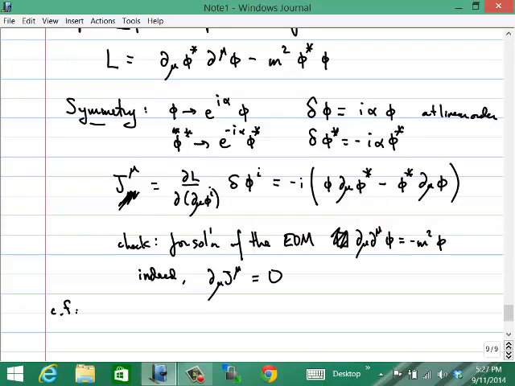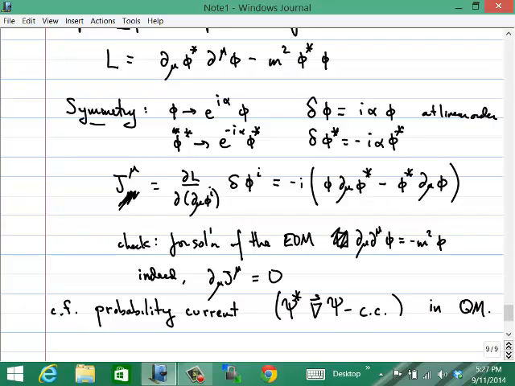This should remind you of quantum mechanics. In quantum mechanics, if you have a wave function psi, then you can define the probability current, which is psi star grad psi minus complex conjugate.